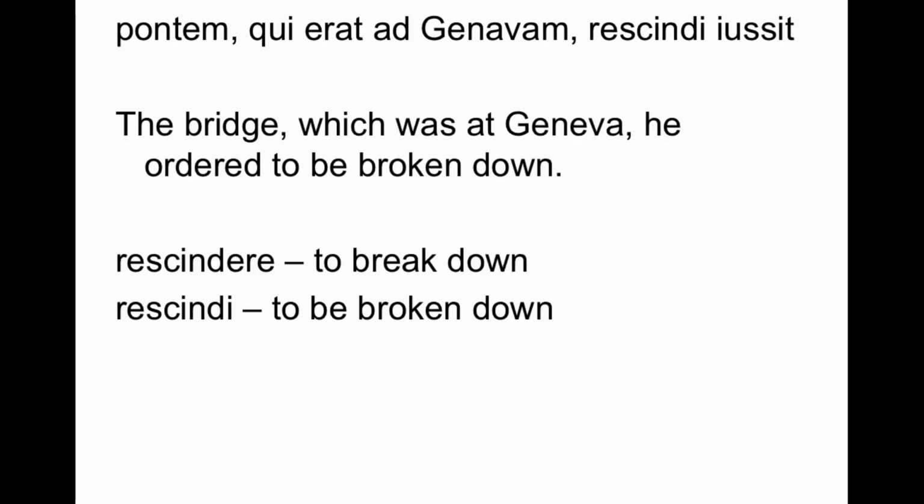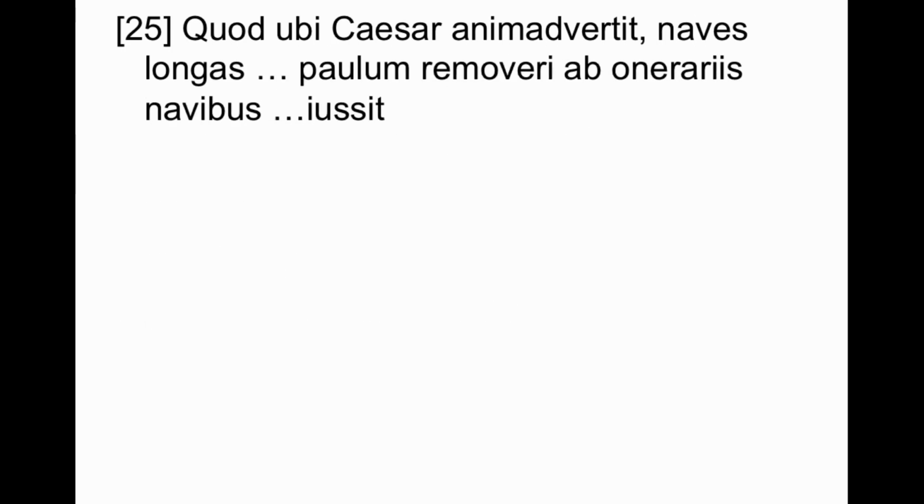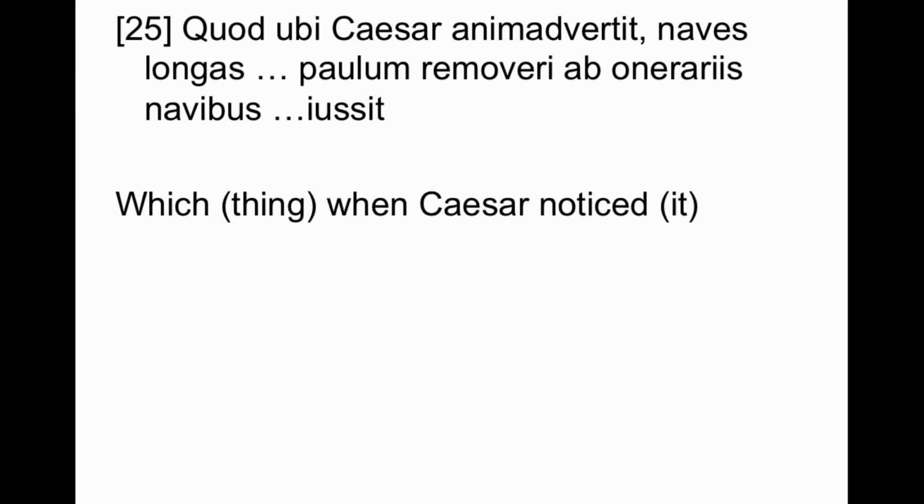So let's dig in. Quod ubi Caesar animadvertit. Which thing, okay, so quod here does not mean because, it is the neuter singular relative, which thing. And the thing is just all the stuff when Caesar noticed it, okay?